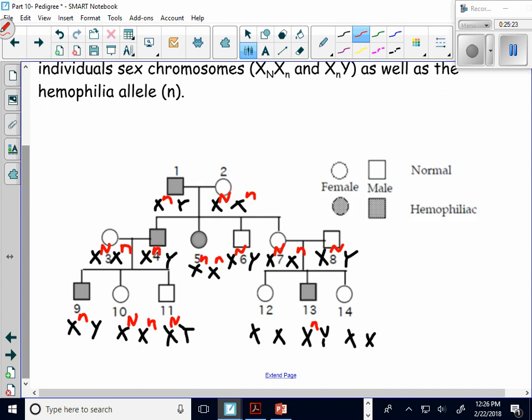What can you tell me? We know something, don't we? Dylan, what do you know? Number 12 has a big N because she is not a hemophiliac, right? Now, where'd she get that big N?